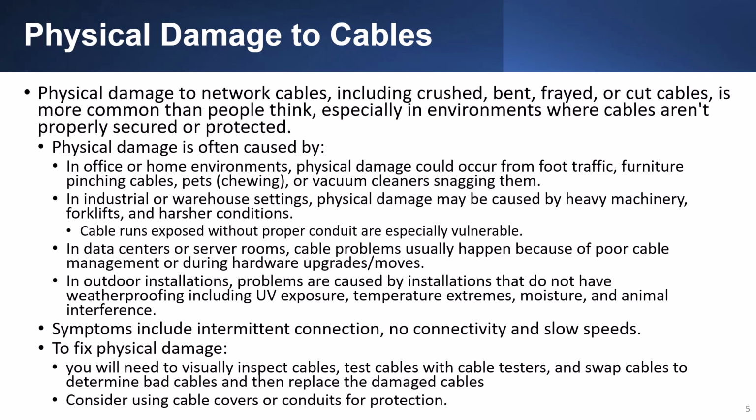Symptoms include intermittent connections, no connectivity, and slow speeds. To fix physical damage, you'll need to visually inspect cables, test cables with cable testers, swap cables to determine bad cables, and then replace the damaged cables. Consider using cable covers or conduits for protection.